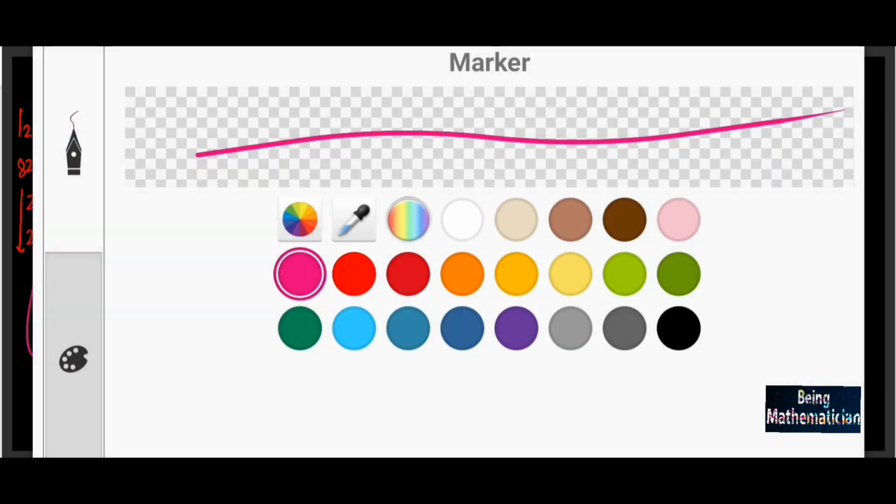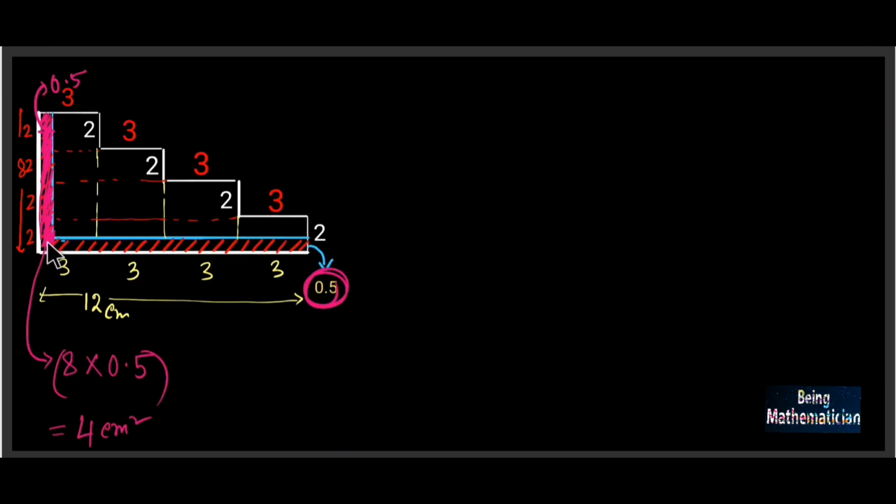Now if we calculate this part, which is also required in the question, this part is also a rectangle, so it is area of 12 into 0.5 and it is 6 centimeter square.